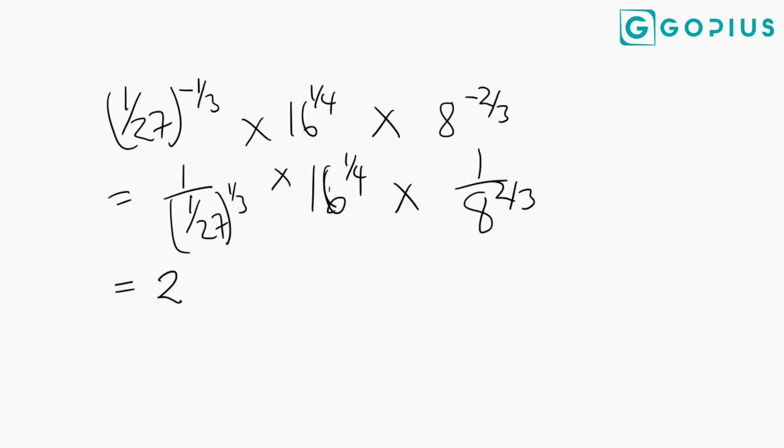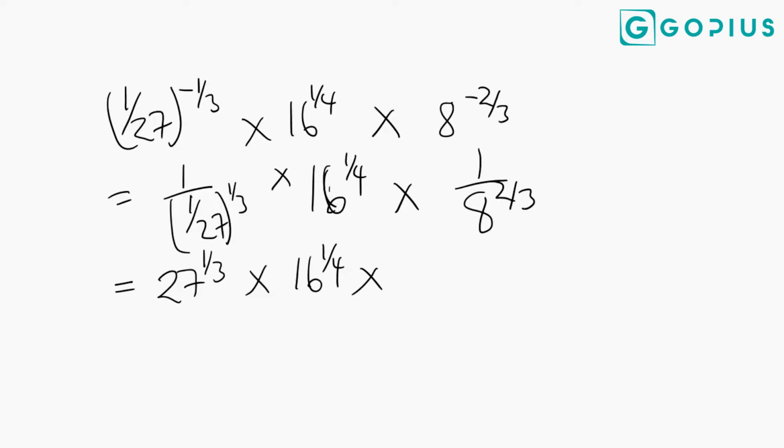So we have 27 raised to the power 1 over 3 left here, times 16 raised to the power 1 over 4, times, now here we cannot say 8 divided by 1 because we did not have 1 divided by 1 over 8. The fraction was not 1 over 8 to start with, so that when we take the inverse of that, like we had in 1 over 27, it becomes 8 over 1.